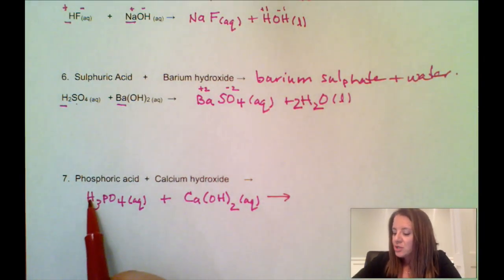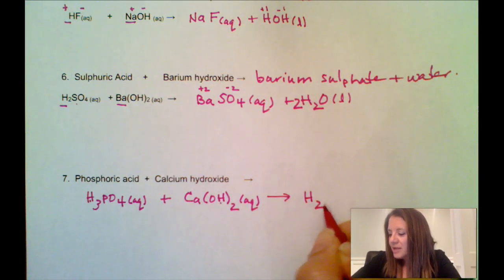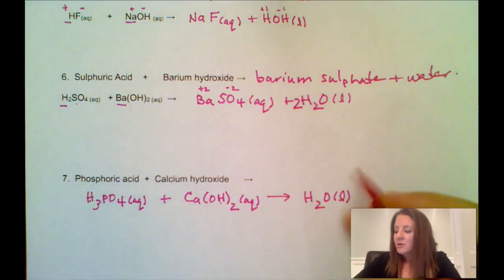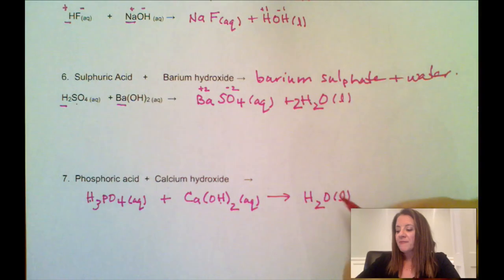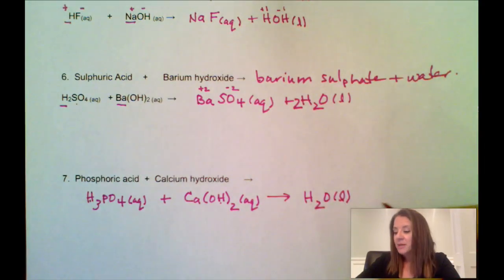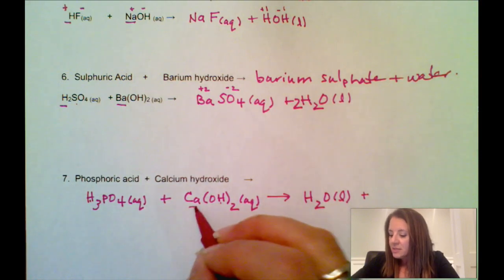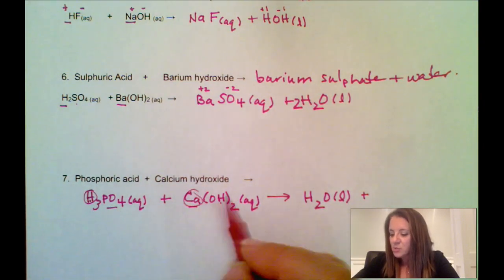So hydrogen hooks up with the hydroxide, so you write the water. Now, notice that I wrote water first this time. It doesn't matter. This is just my italicized L for liquid. It doesn't matter if I write water first and then my salt, as long as they're to the right of the equation. Calcium is hooking up with the phosphate, because remember, just the hydrogen and the calcium are swapping spots.